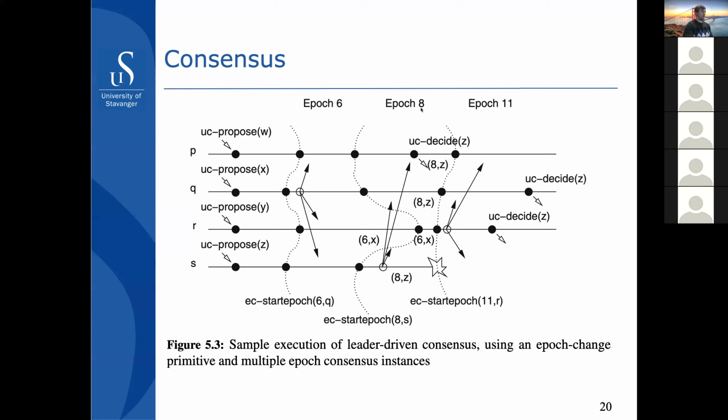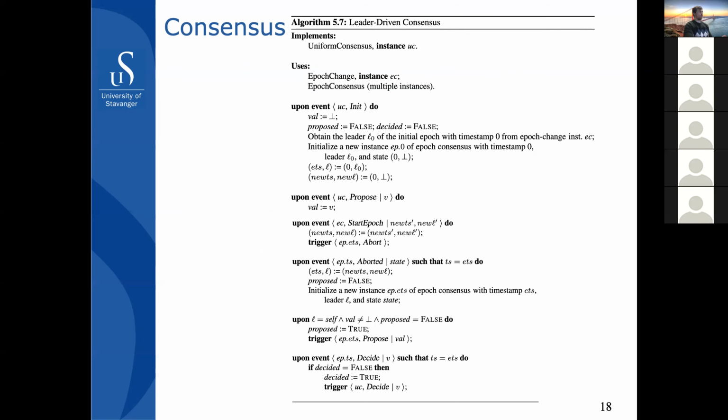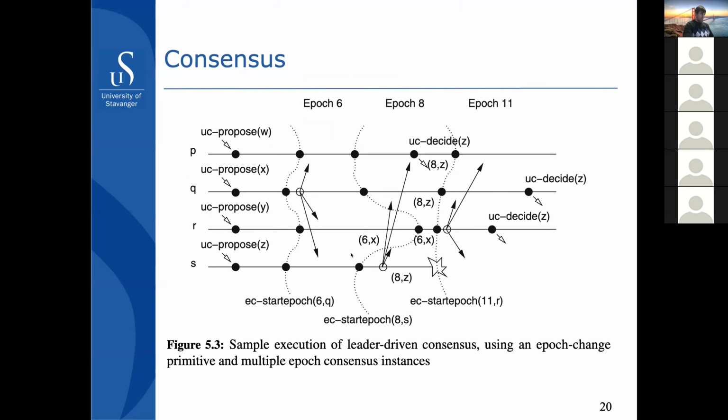And the same thing with epoch 8, it is S, and 11, that's R. So we can already see that it's using a function with a similar approach to here, where for every epoch, or each timestamp, we are adding n, which is 4 in this example. Due to this, if we only think about numbers 1 to 4, whenever we get an epoch, we divide by 4 and take the remainder.